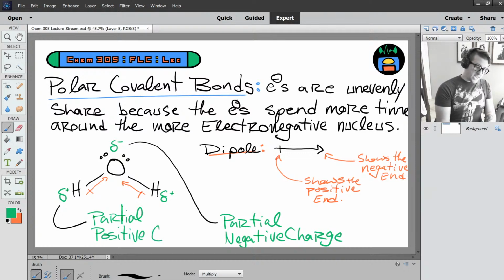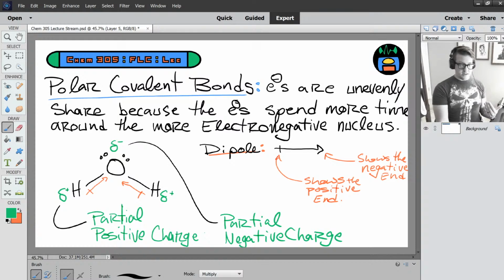And these are created, this partial negative and these partial positives are created by the polar bonds between oxygen and hydrogen by the differences in electronegativity.